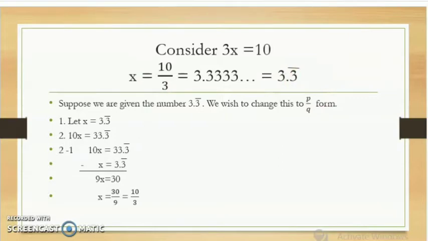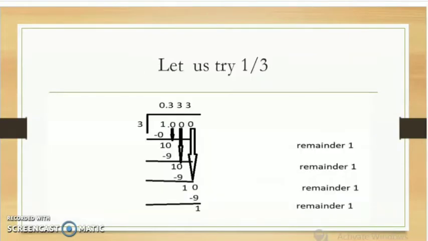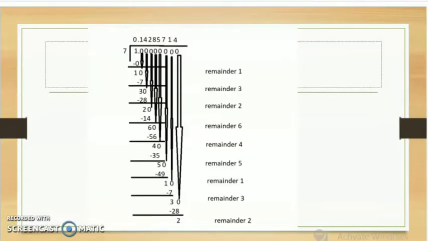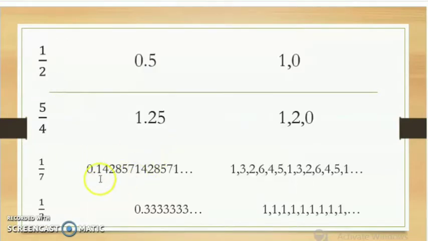Another example would be 1.428571. In this example, these many digits are getting repeated. So instead of writing this so much, we can represent it by putting a line on top like this.